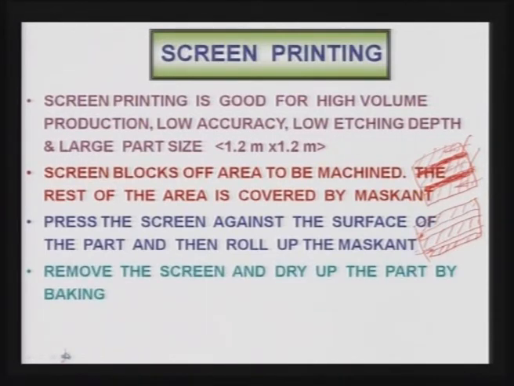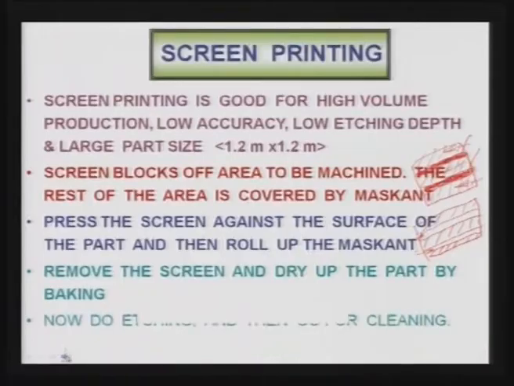Remove the screen and dry the part by baking or by heating. You can dry it so that the maskant sticks or adheres to the workpiece surface and no debonding takes place during chemical machining. Now, do etching and then go for cleaning.